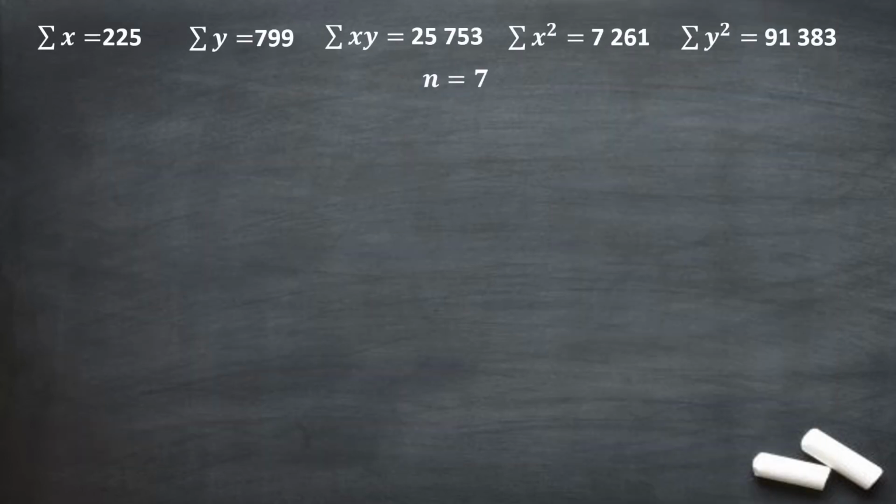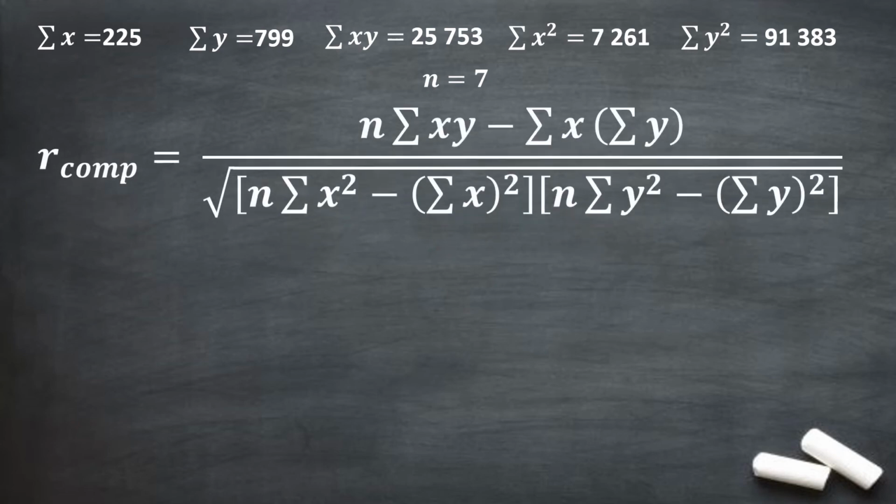Now that we know the values for the summation, we can substitute those values in the given formula to get the R computed. So again, here's the formula for the R computed.